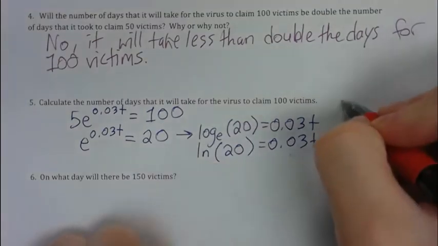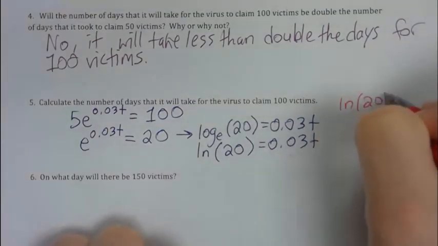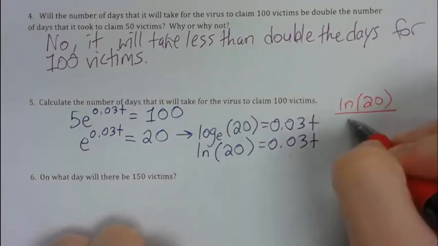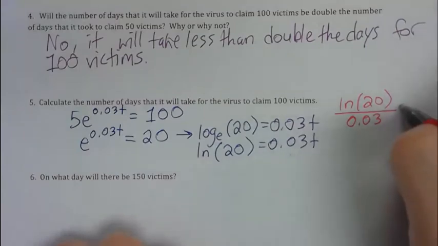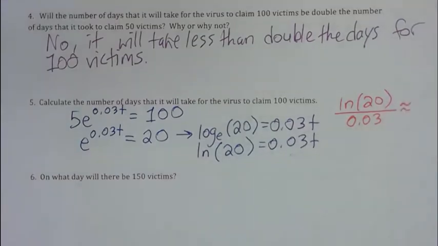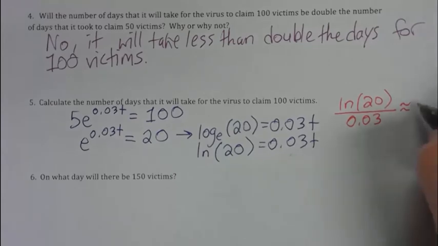So our answer would be the natural log of 20 divided by 0.03, and that is going to give us the amount of days we want. So natural log of 20 divided by 0.03 equals 99.9 days, or about 100 days.